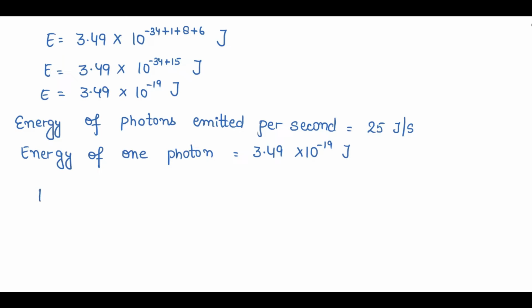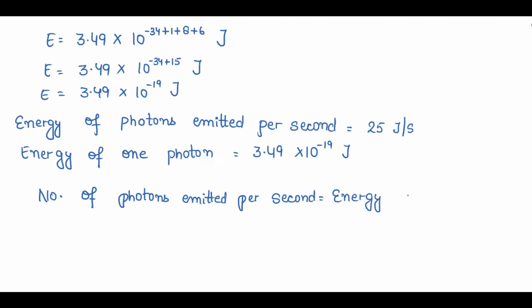Now number of photons, or you can also write as rate of emission of quanta per second, right? So number of photons emitted per second, it will be energy of photons emitted per second.